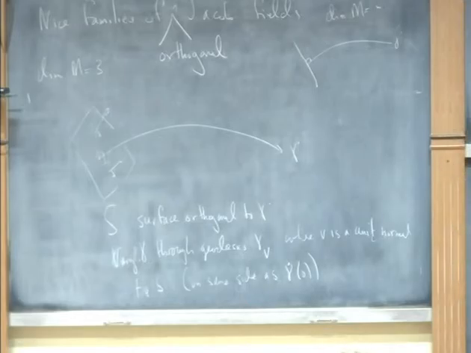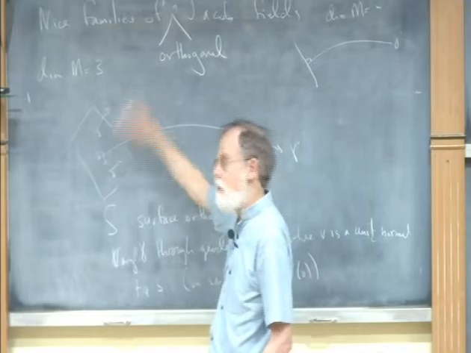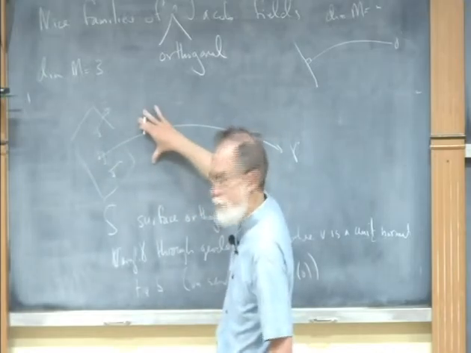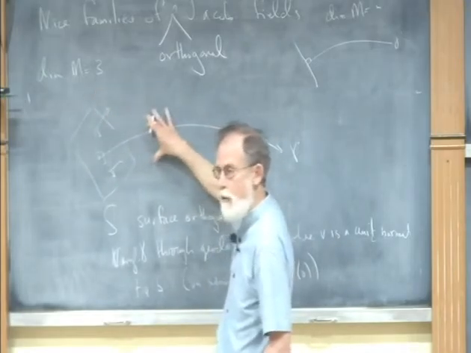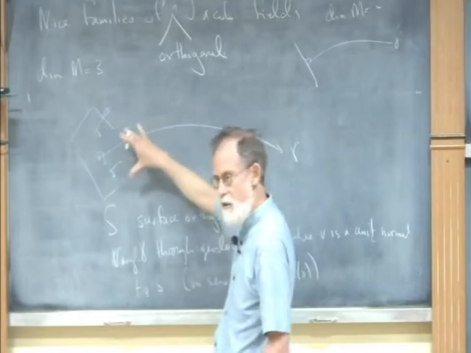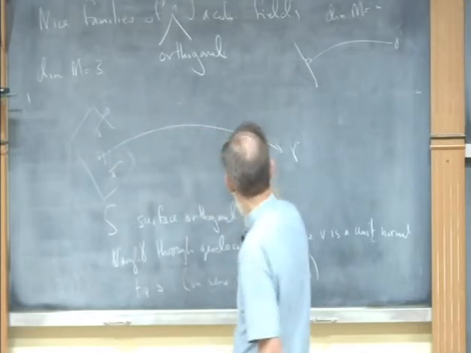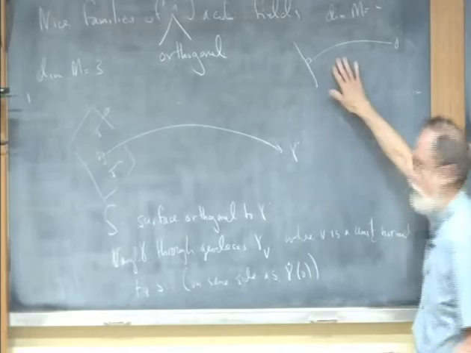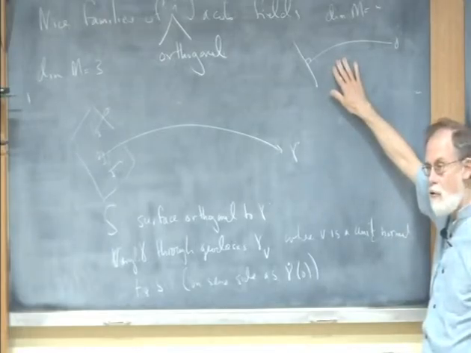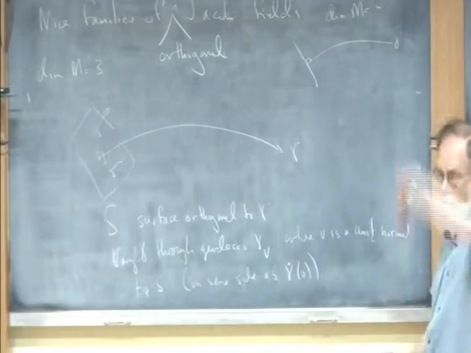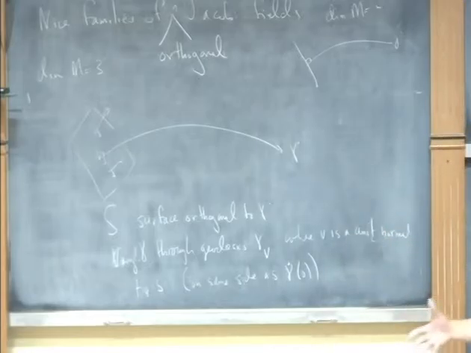If I do that, in this case I get a 2-parameter family of geodesics that are variations of gamma. In the surface case, I get a 1-parameter variation. And in the general case of an n-dimensional manifold, I get an (n-1)-dimensional family.